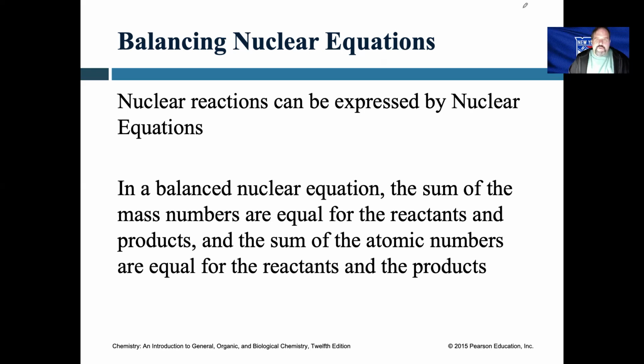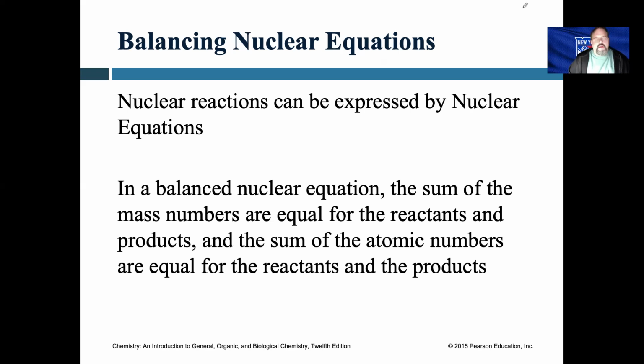So in a balanced nuclear equation, the sum of the mass numbers are equal for the reactants and the products, and the sum of the atomic numbers are equal for the reactants and the products. So we have to make sure two things are true. On the reactant side and the product side, the sum of the mass numbers must add up to be the same.